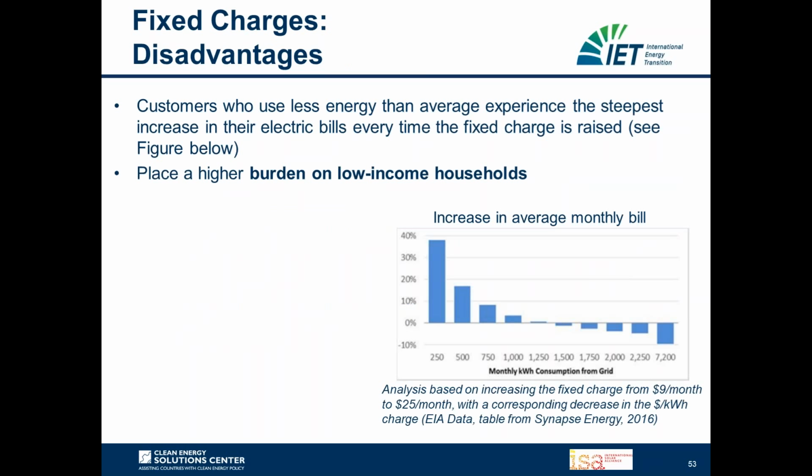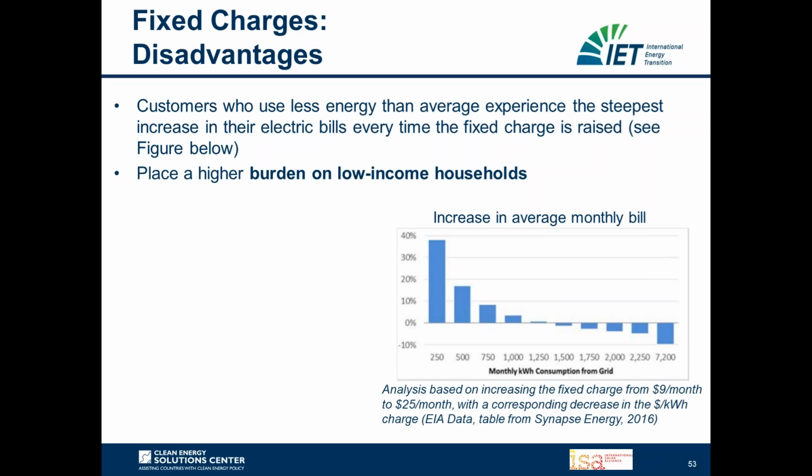Then, I mentioned this briefly already, with fixed charges most of the negative impact goes to low consumption, low income households. As you can see here from an analysis in the United States, by increasing the fixed charge from $9 to $25 per month, you can see the impact on different types of households depending on the monthly kilowatt hours that they're consuming.